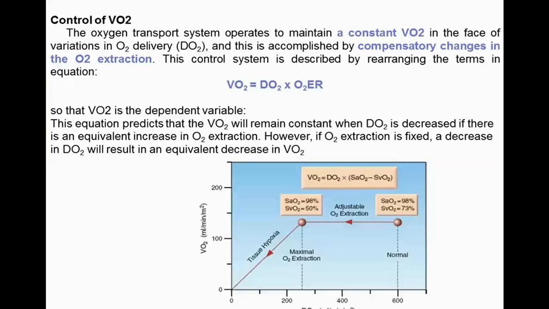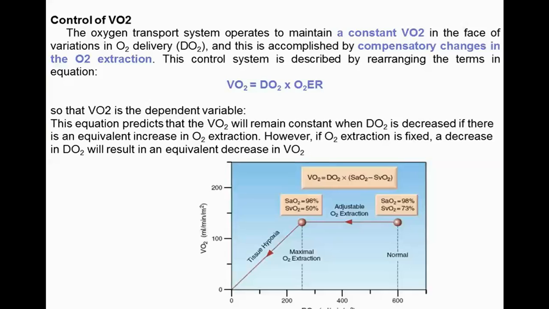By increasing the extraction from the delivered oxygen. If you deliver to me 1,000 milliliter of oxygen, I will take my need, which was 250. If you deliver to me 700, I will also take 250.